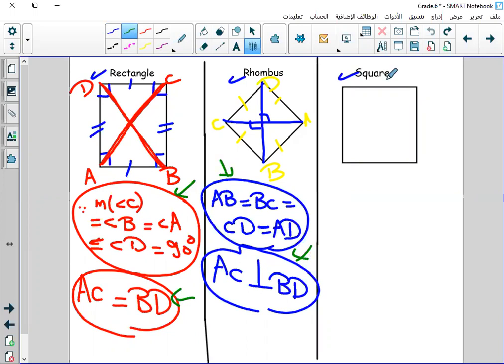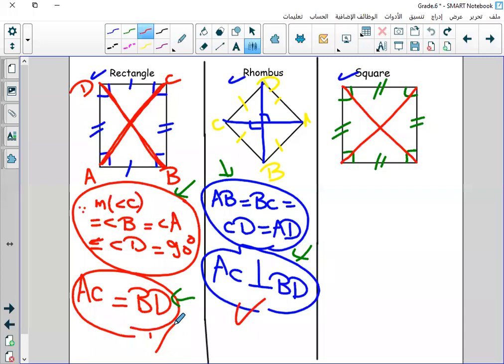In a square, all of the sides are equal in length like a rhombus, and all of the angles are 90 degrees like a rectangle, and the two diagonals of a square are perpendicular and equal in length like a rectangle and rhombus.